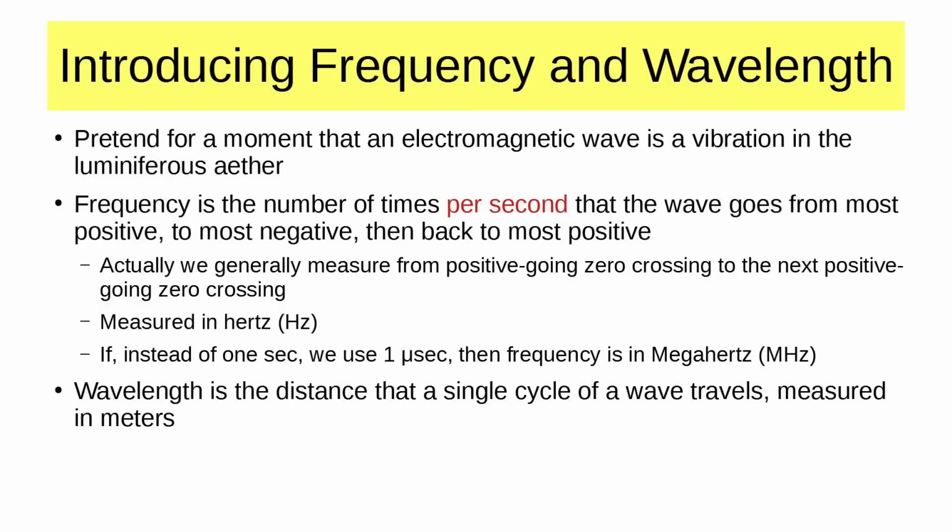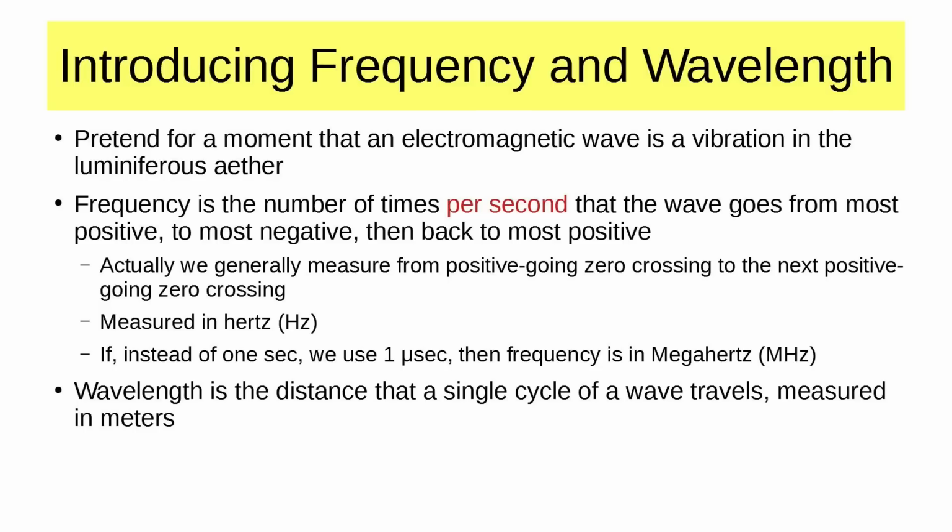Okay, frequency is the number of times per second that a wave goes from the most positive to the most negative and then back to the most positive. In other words, one complete cycle of the wave. Actually, when we measure this, we generally measure from the positive going zero crossing to the next positive going zero crossing, which is the same thing.